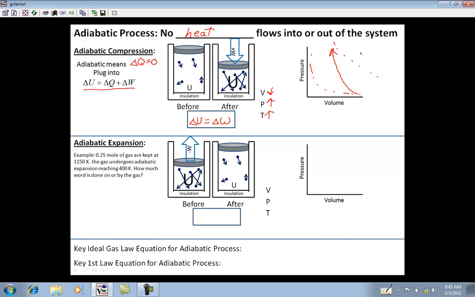They don't have to be. Okay, and just so that you know, this is the higher temperature isotherm. The further away you get from the origin, that's the higher temperature isotherm.